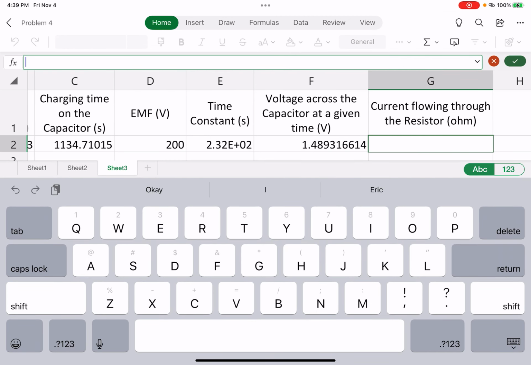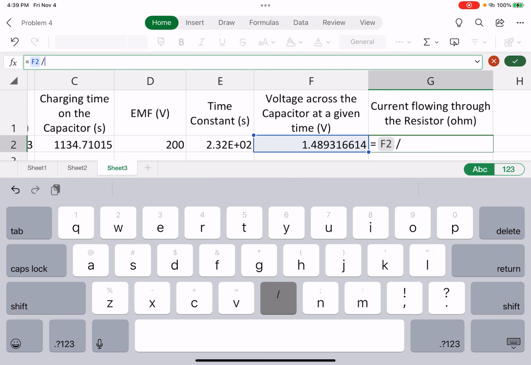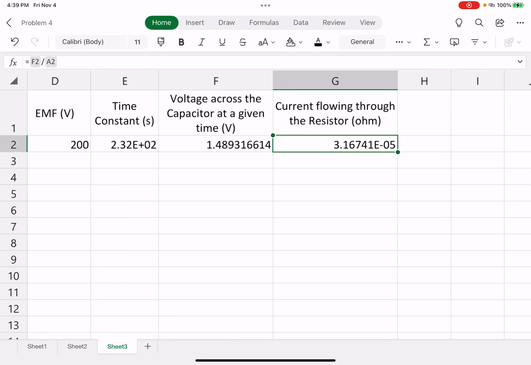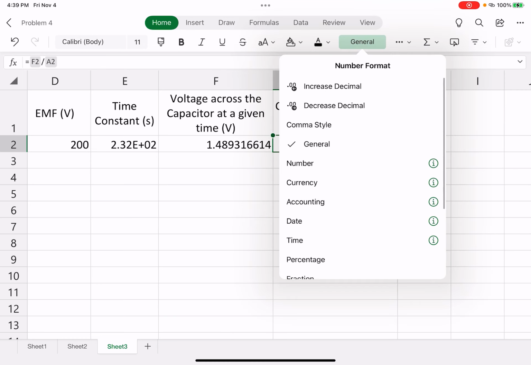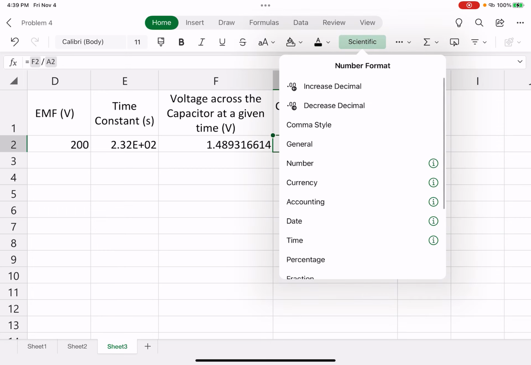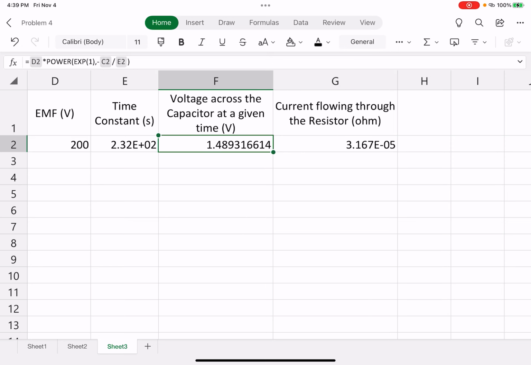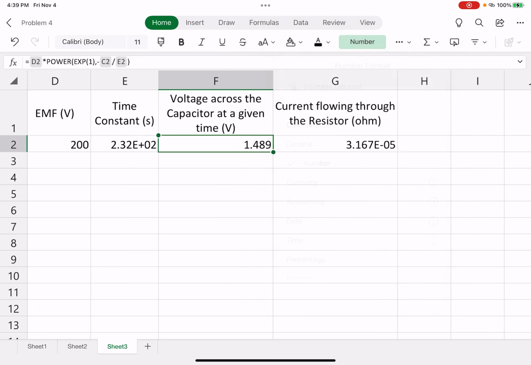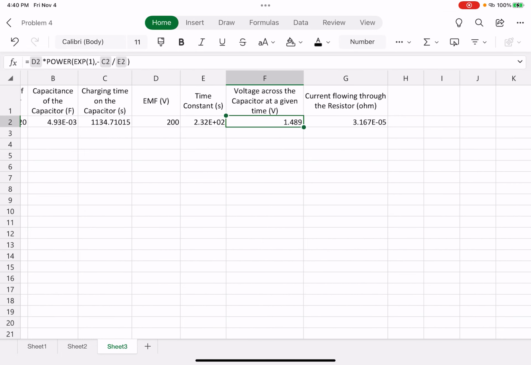Of course, we can reduce the amount of decimal places here. I can just change this to a number, then increase the decimal places as I see fit. All right, I think that is all you need for this particular problem, and hopefully this helps.